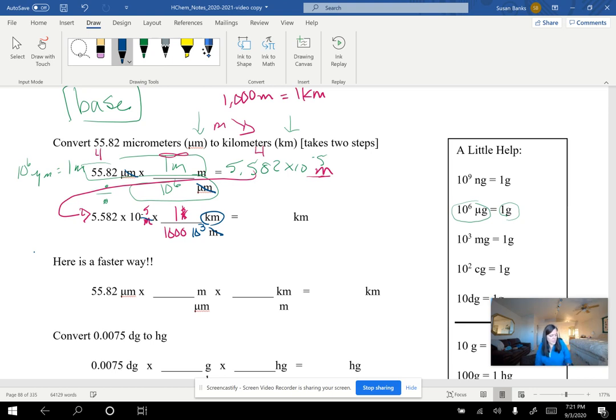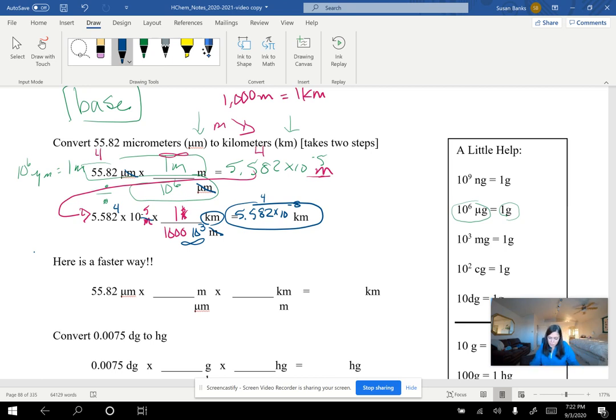And sure enough, if I do it in my calculator, it gives us negative 8 on our exponent. So 5.582 times 10 to the negative 8 kilometers. Once again, sig fig wise, we've got 4 sig figs here. We've got infinite sig figs here because this is a definition. So that means we can report 4 sig figs, and that's what we're going to do right there.